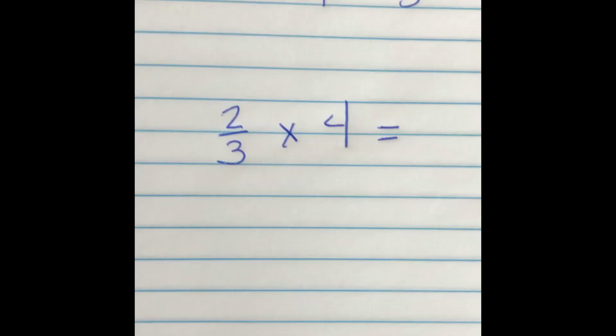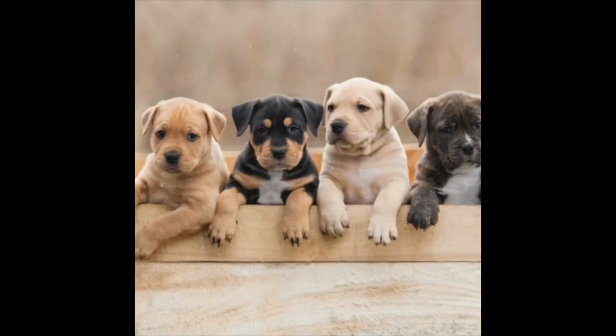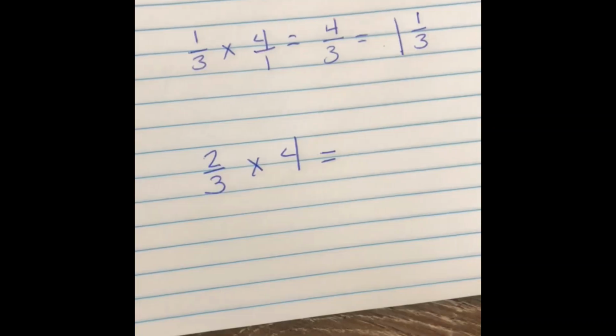So you have 2/3 of a cup 4 times, because you're going to give 2/3 of a cup to one bowl, to another bowl, to another bowl, to another bowl, because you have 4 puppies. The question in the story would be, how much water will you be giving to these 4 adorable puppies?